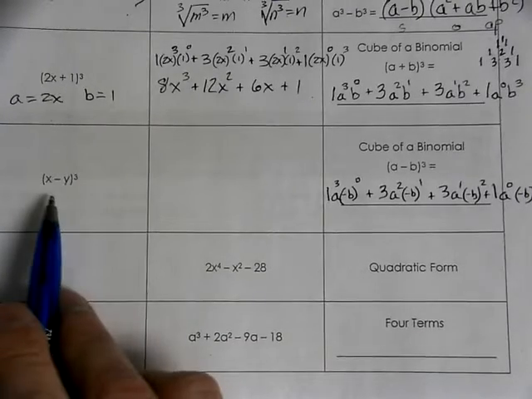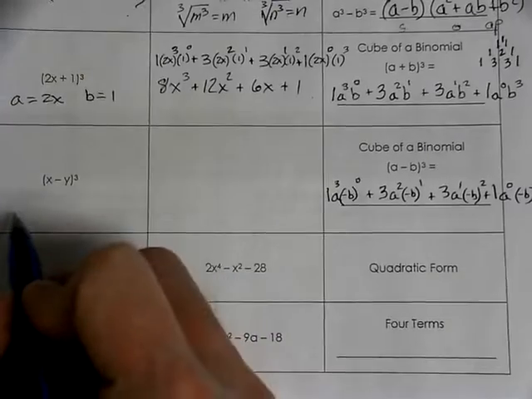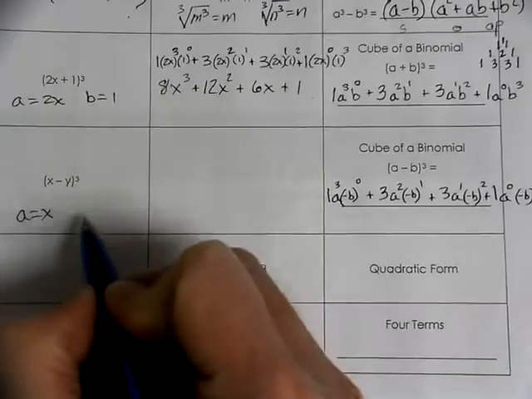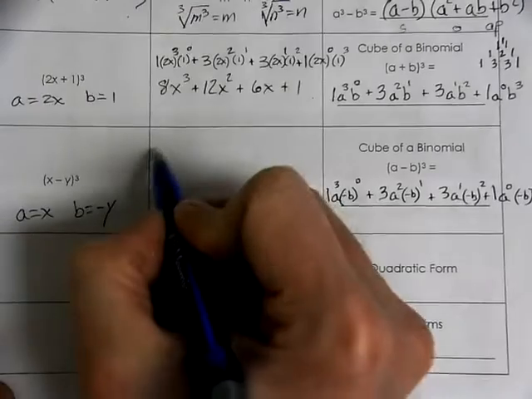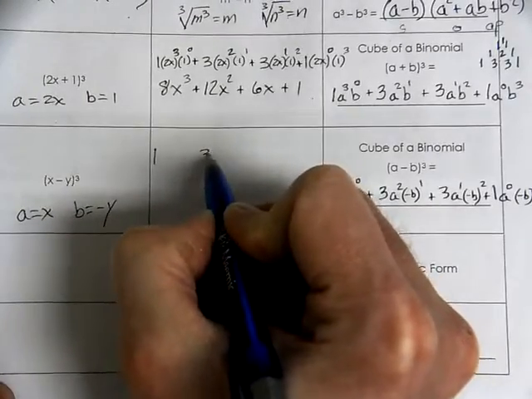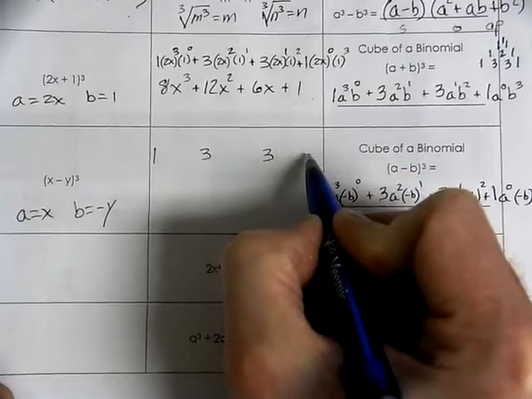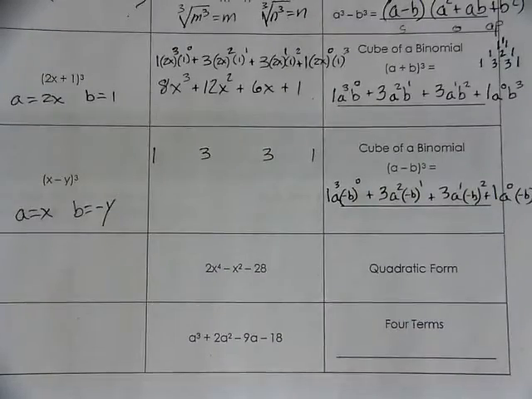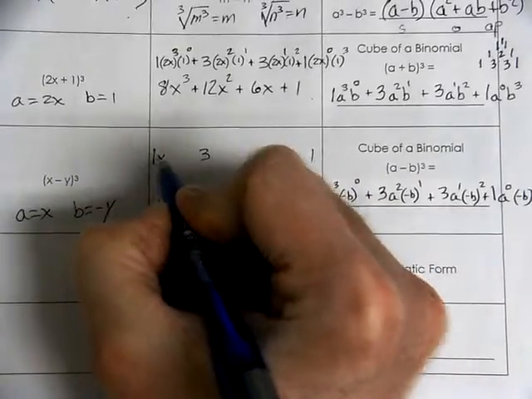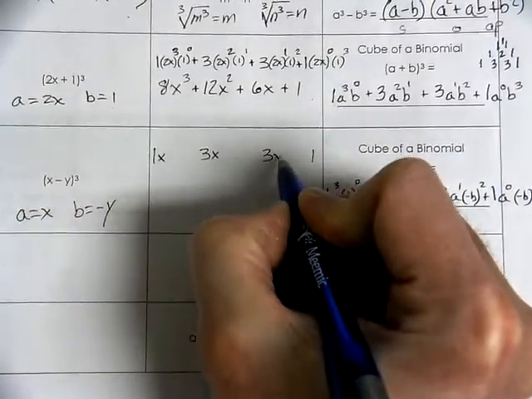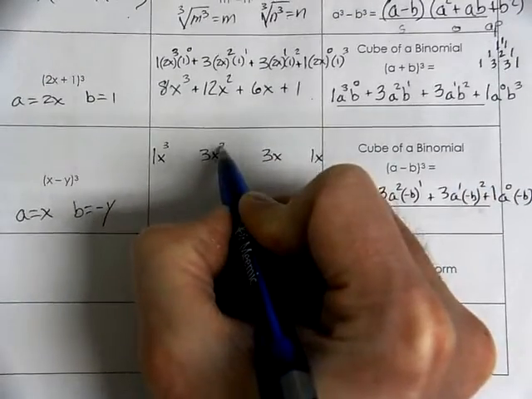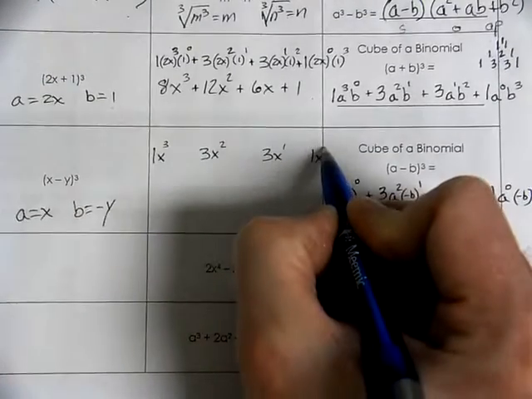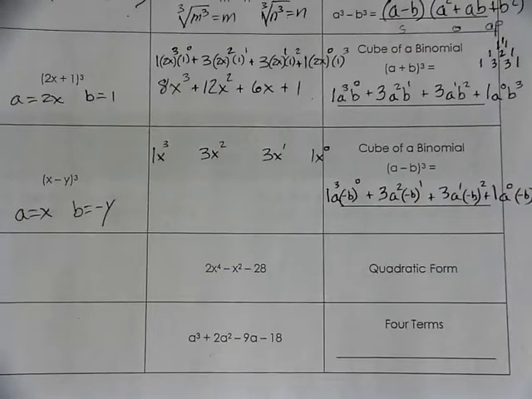So we come over here, and we notice that our A term is going to be x, and our B term is going to be negative y. So 1, 3, 3, 1. We do x, cube it, square it, first power, 0 power.